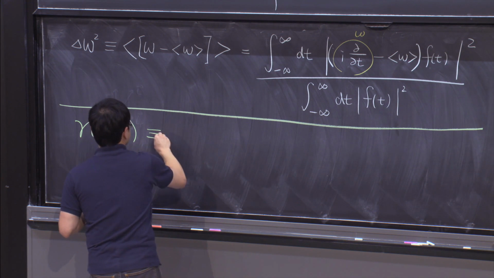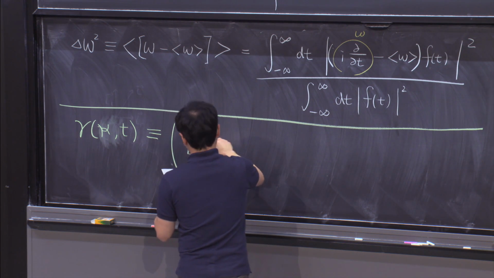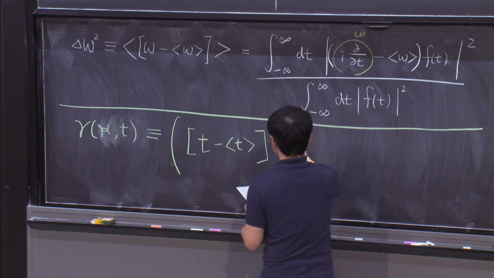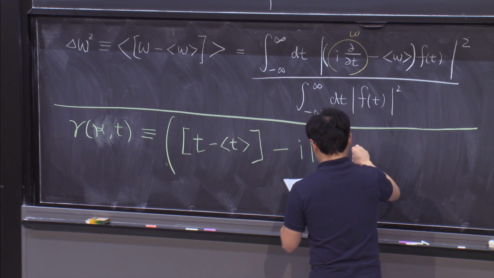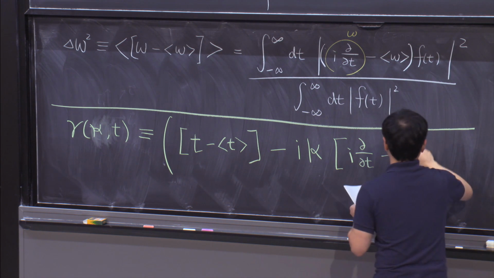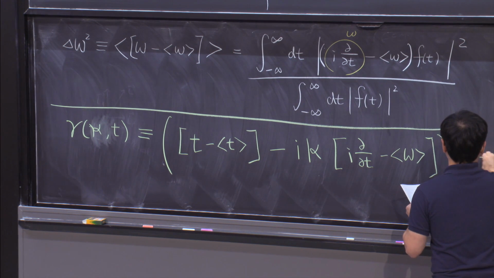Okay? And the definition of this r function is like this. I define this r function to be t minus average t minus I kappa, I partial t minus omega, acting on f of t.